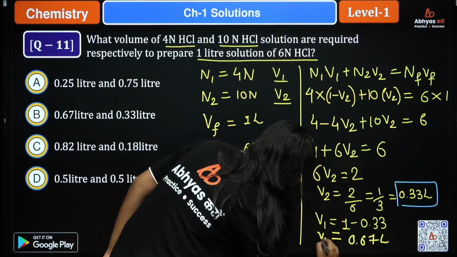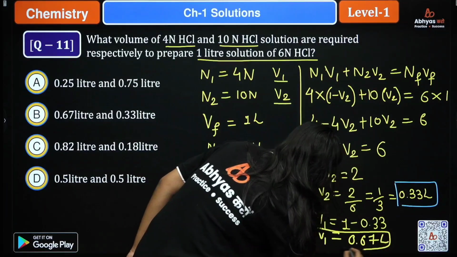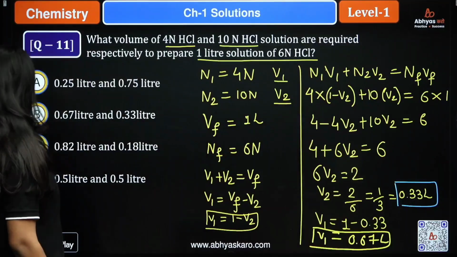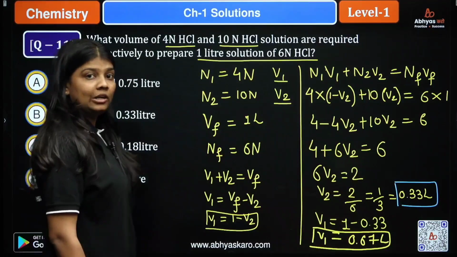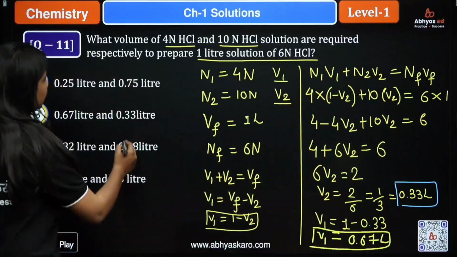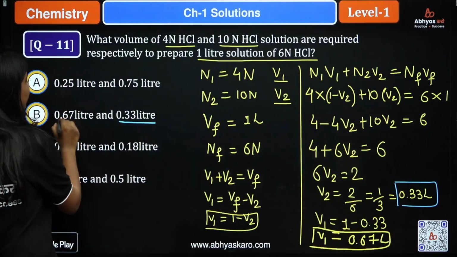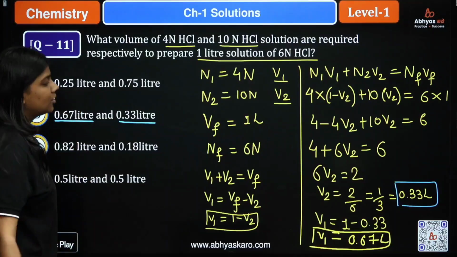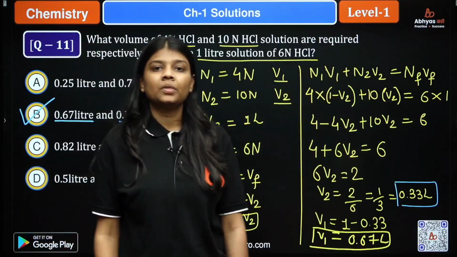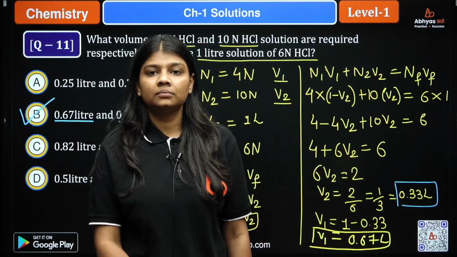So V1 is equal to 0.67 liter. Is there any answer which matches with our values? Yes. V2 is equal to 0.33 and V1 is equal to 0.67. So the right answer is option number. Are you getting me, students?